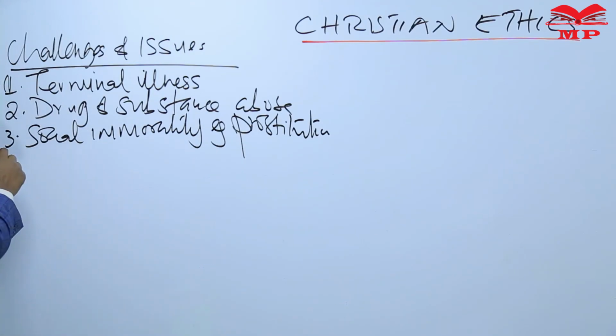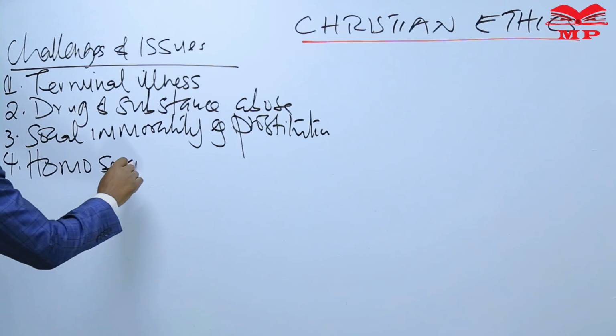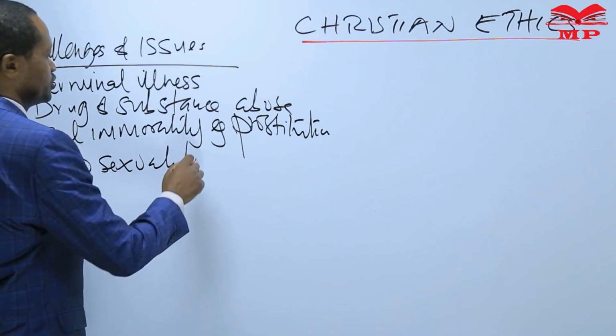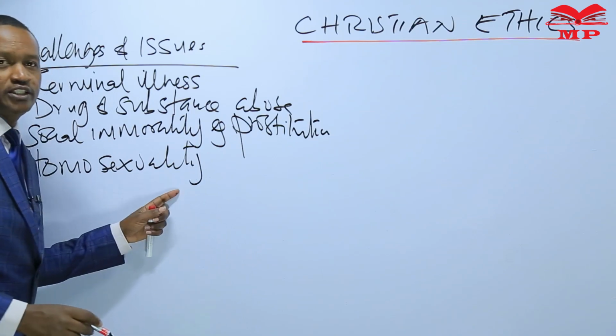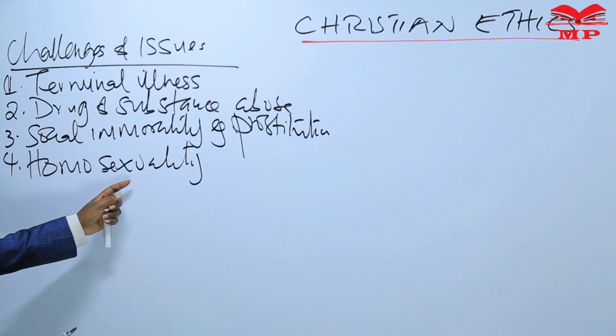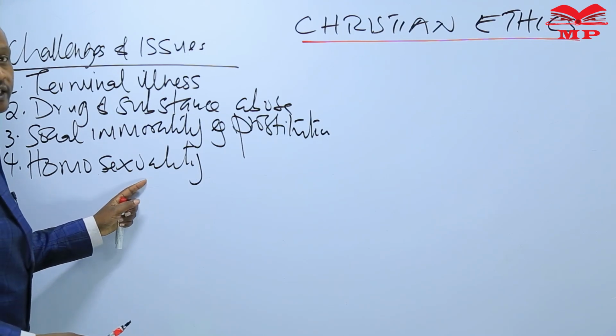Then number 4 is homosexuality. From the Christian point of view, homosexuality is one of the immoral behaviors, and we've seen a rise in cases of homosexuals in the world today. This is also an issue.